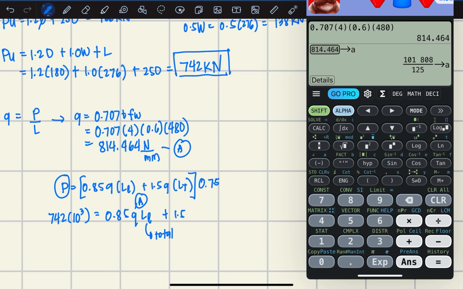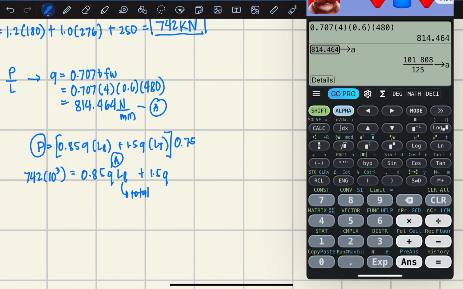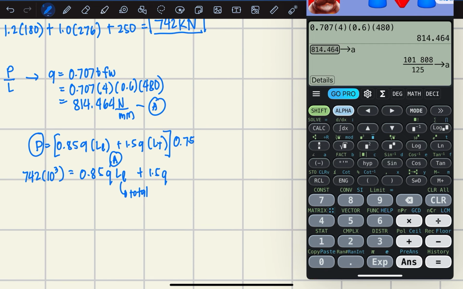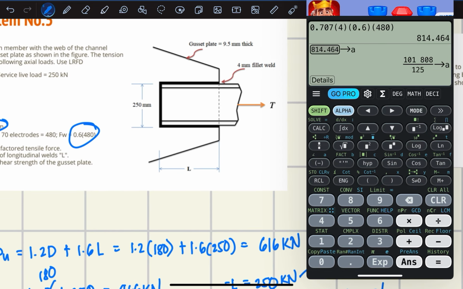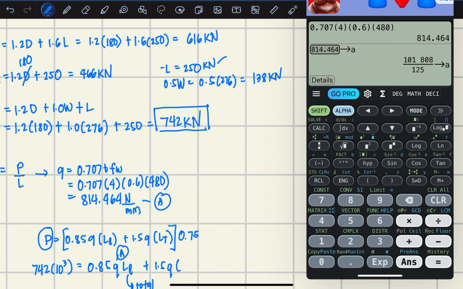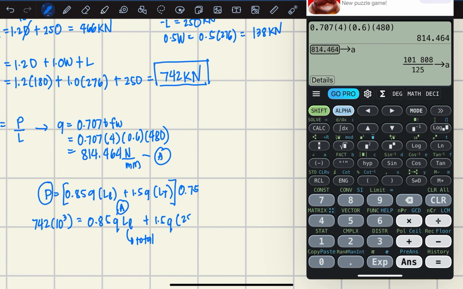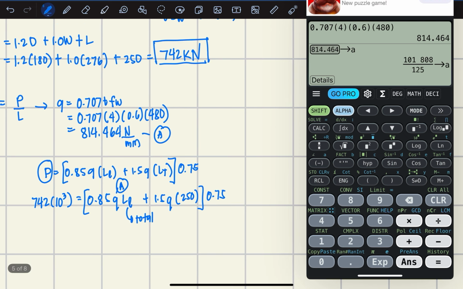Plus 1.5 times Q times the transverse length equal to 250. This is the transverse. Multiply by 0.75. This is the total length of the longitudinal weld.